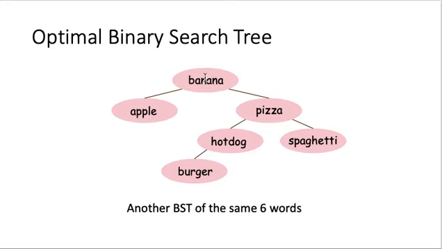So we can now focus our search on the right side of this tree. Then we compare hot dog with pizza, and we find out that hot dog is smaller than pizza. So we can focus the search on the left side of this node. We go here, compare this node with hot dog, and then we find that it's there.